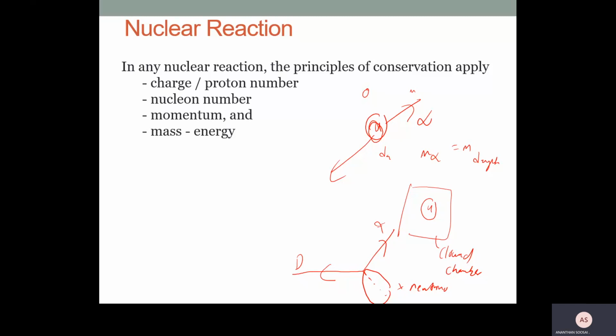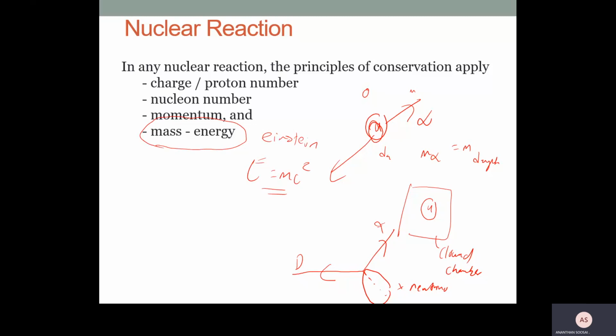Okay, so momentum is constant in a nuclear reaction, and something very new was contributed by Einstein, saying that E equals mc squared, the famous science formula. He is the first scientist to say what?